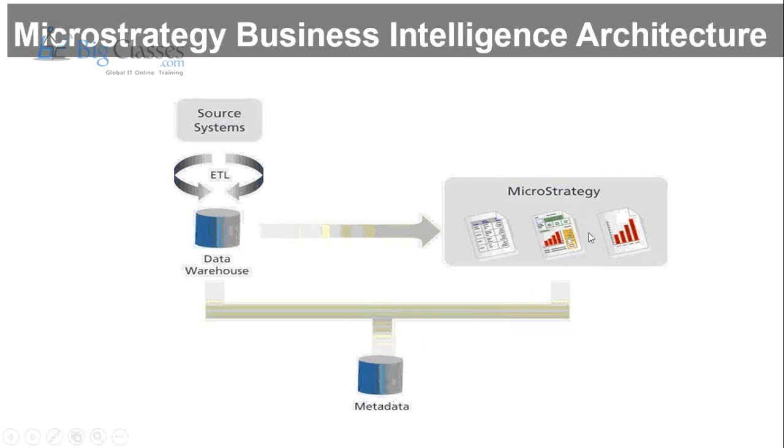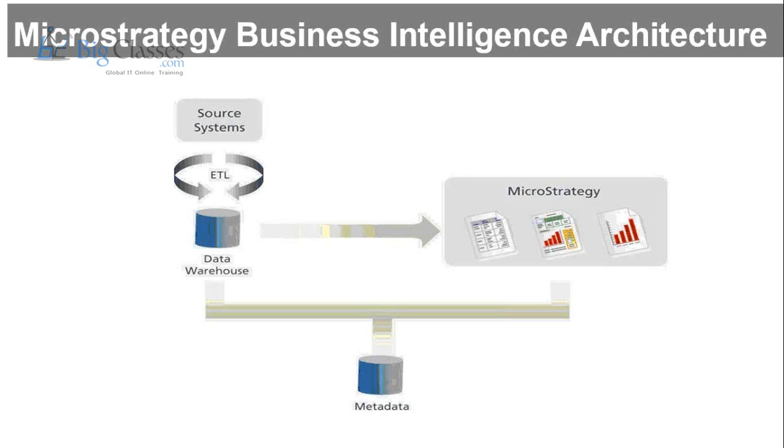Whenever you perform any request in MicroStrategy, the first thing it does is come to its corresponding metadata. A metadata is a repository in MicroStrategy which records all the definitions of the objects that you create in that environment.